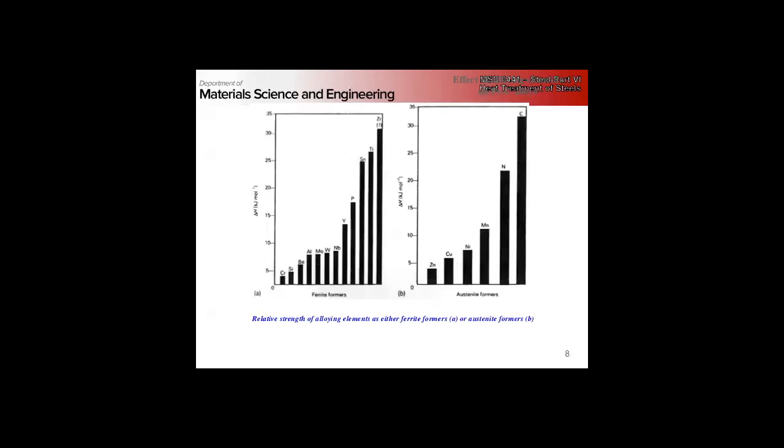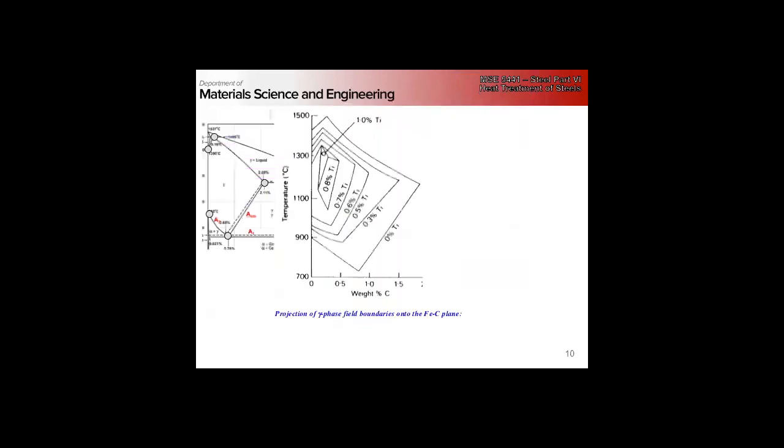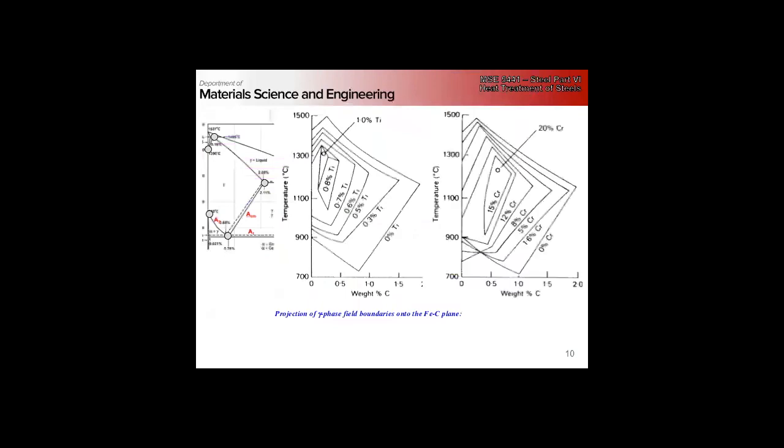Right? This was something we looked at specifically, right? So less than 1% titanium, right? This is the change in the austenite phase field. Less than 1% titanium basically shrinks it down, right?